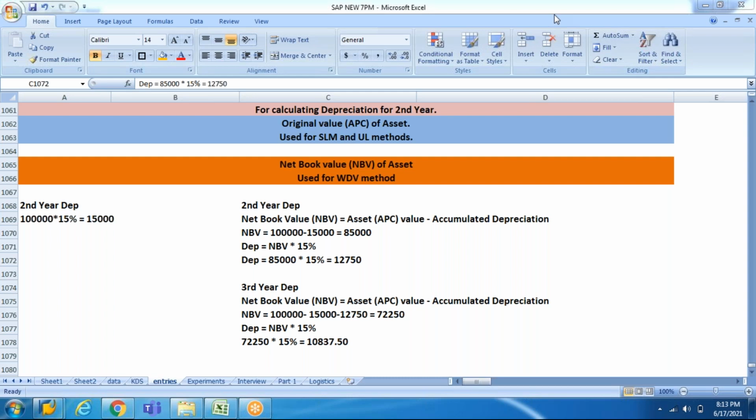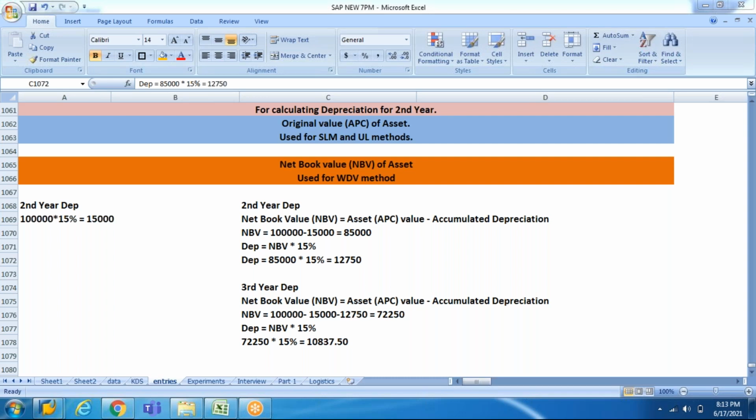So the system will show that this asset has already become zero, and the same principle applies to SLM, what you explained. It is the same principle, but in the last year there is always a mismatch. It may not be the full year, depending on the value left over in the asset. According to 15 percentage, you may get some figure, but when you calculate that figure, the asset value may be less than that.